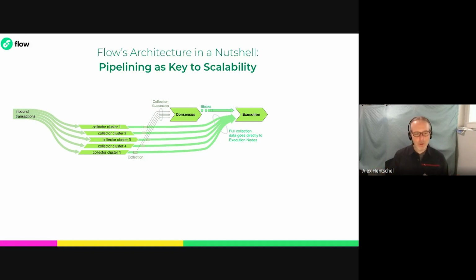So this concept of essentially smaller groups of nodes locally storing and maintaining data and giving it to the other parts for processing later. So the consensus nodes package those references to the collections.